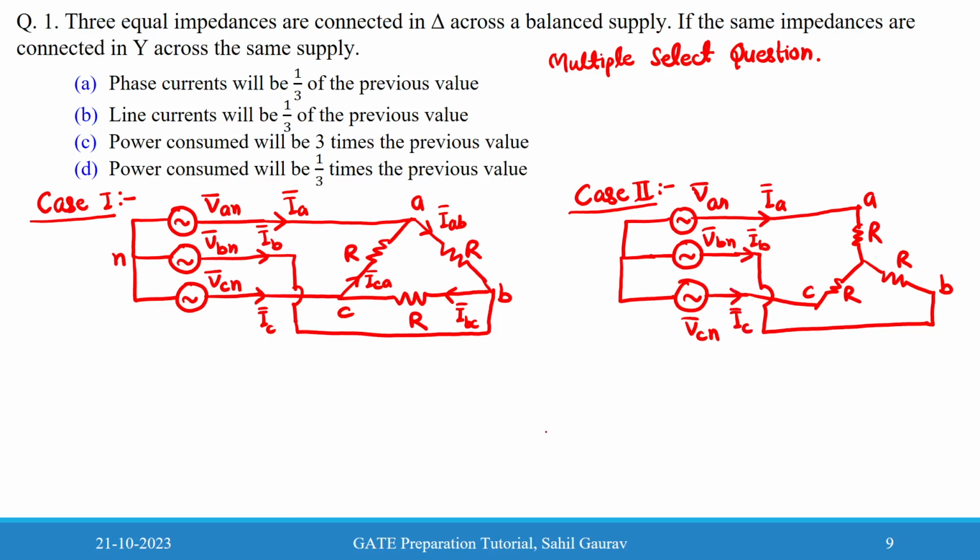So you have to find the relation of phase current, line current, and power consumption in both cases.